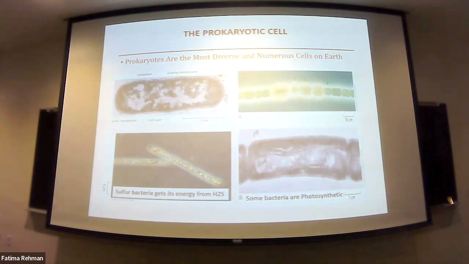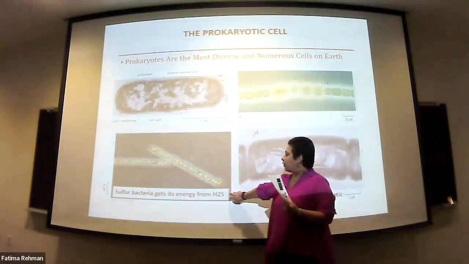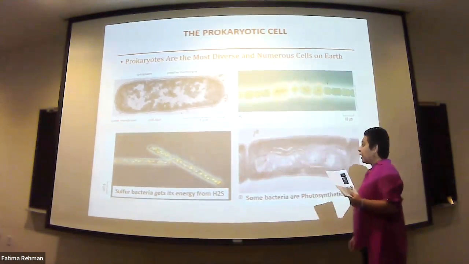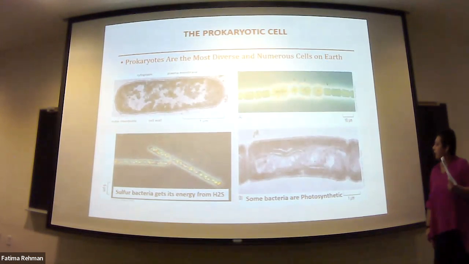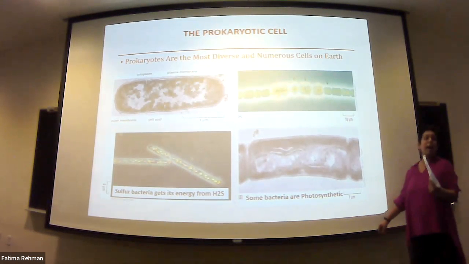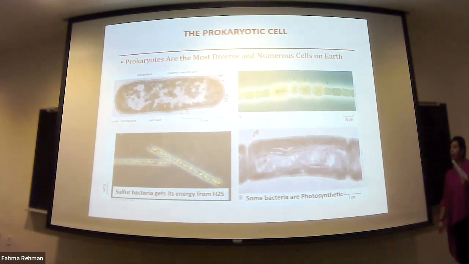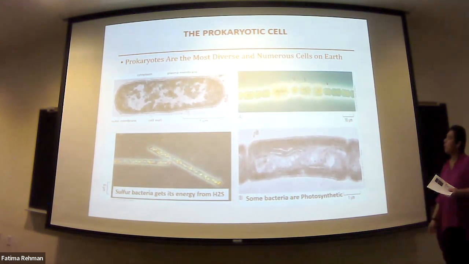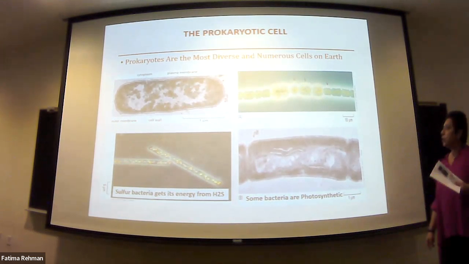So the prokaryotes, here are some examples of prokaryotes. These are sulfur bacteria. They get their energy from hydrogen sulfide. So they can survive in very, very crazy situations, right? Some bacteria actually contain chlorophyll-like structures and chlorophyll that can allow them to be photosynthetic. So that's super cool for them as well. So they have another way to make their own energy, and they can survive.